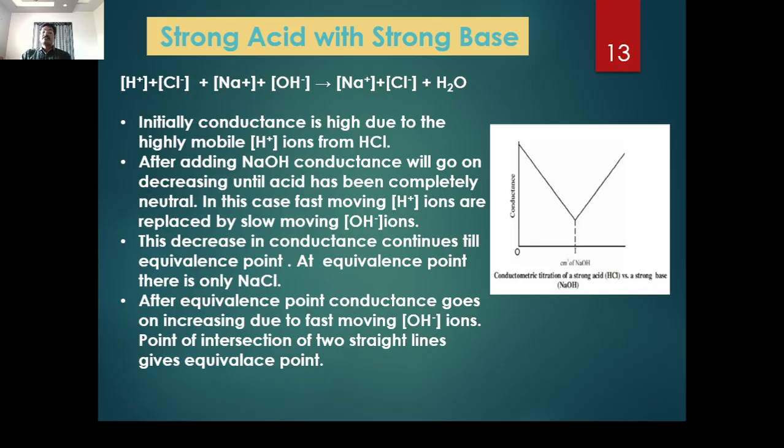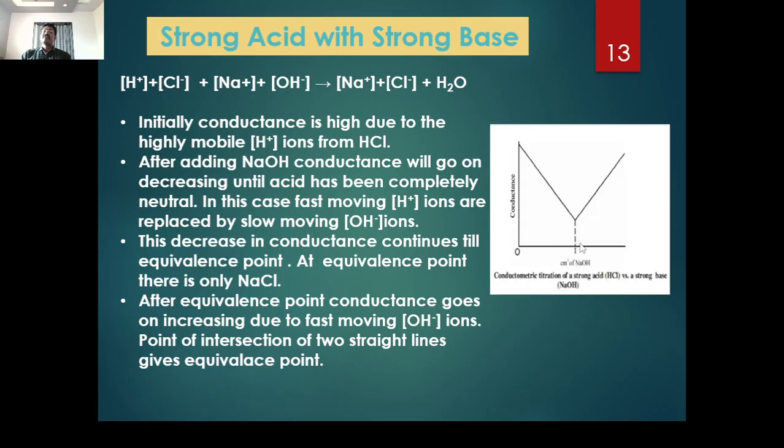The OH minus ions in the solution increase, and the conductivity also increases, and we get two straight lines. The point of intersection of these two straight lines gives the equivalence point.